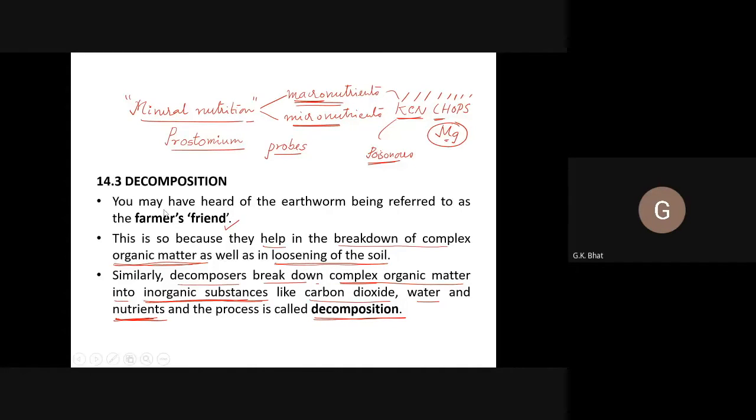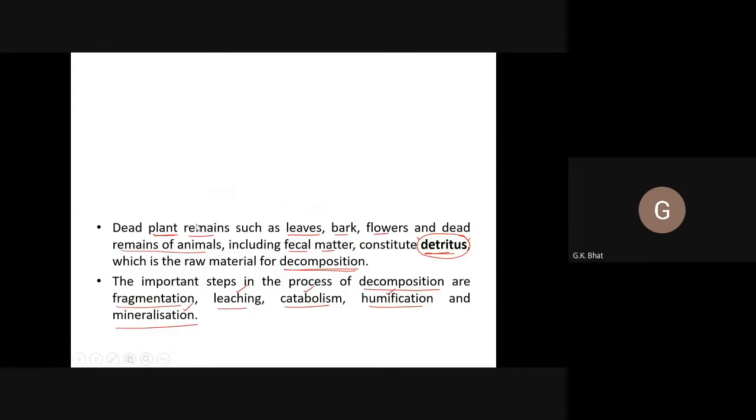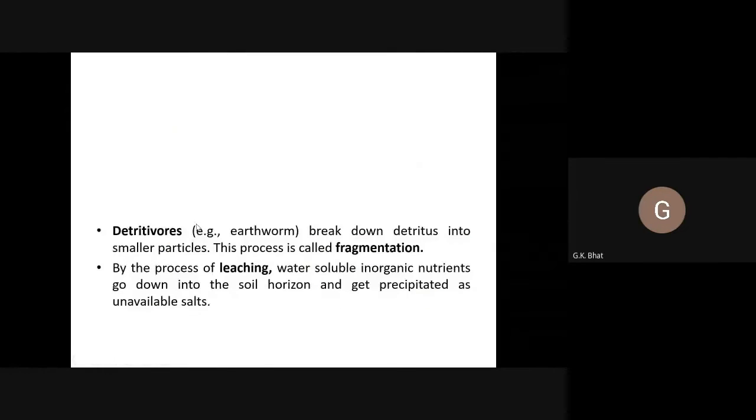So, now let us look into these one by one. Detritivores. Decomposition starts with the detritus. Detritus is nothing but the dead remains of the plants and animals. So, earthworm is the best detritivore. What do you mean by detritivore? A detritivore is the organism which breaks down detritus into smaller particles.